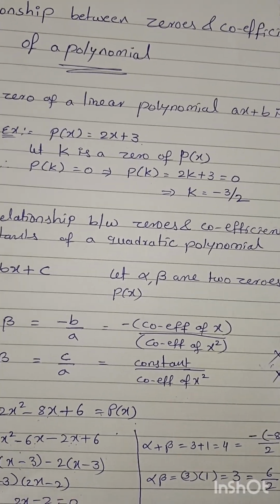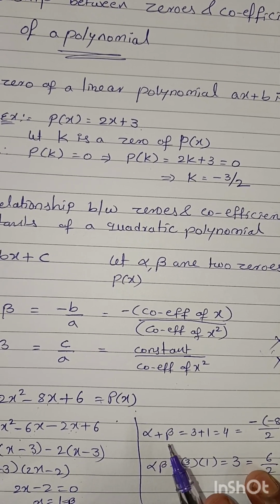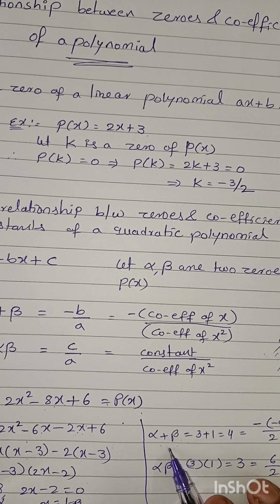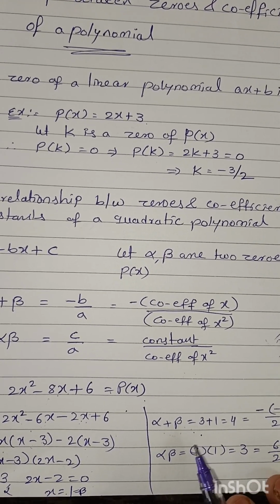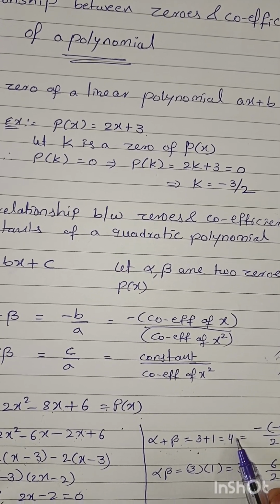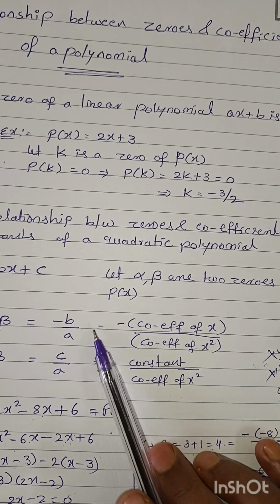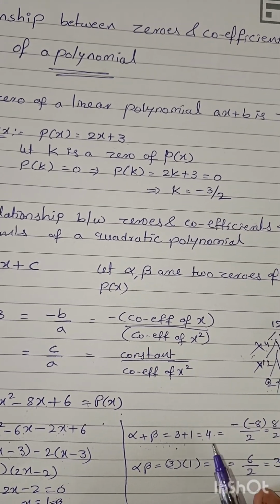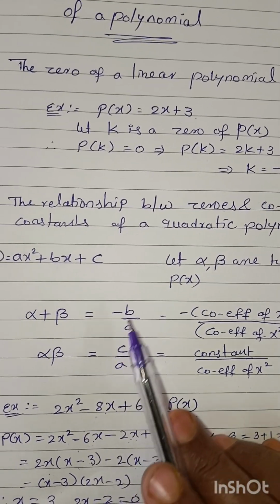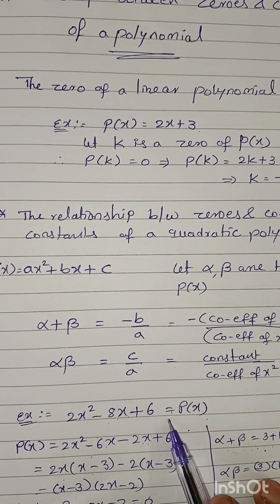Zeros of this polynomial. Now check the relation between zeros and coefficients. Sum of the zeros, alpha plus beta, equal to, so here the zeros are 3 and 1. So 3 plus 1 equal to 4. We can write alpha plus beta equal to minus b by a. Compare this polynomial with the standard polynomial ax square plus bx plus c.